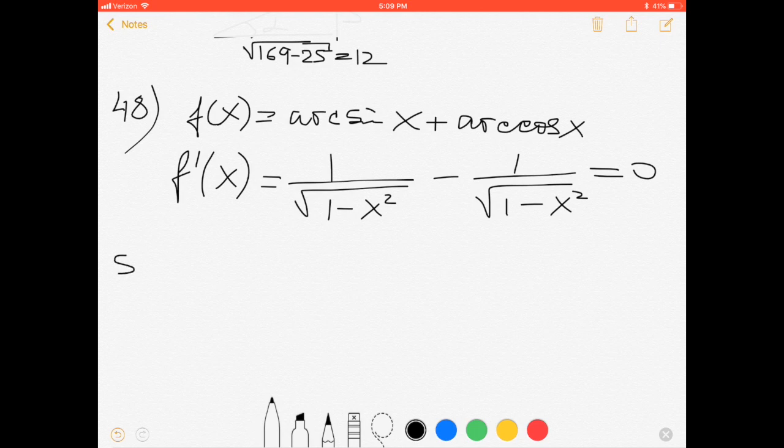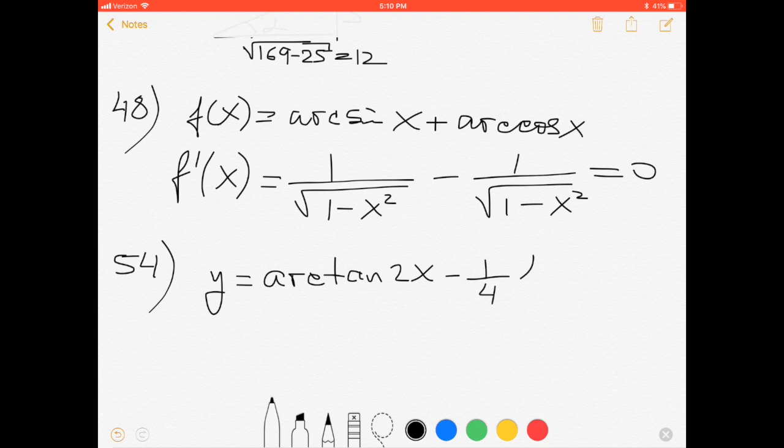Great. Number 54. Here you have the function arctangent 2x minus 1/4 natural log. Here I think we don't need the absolute value because it's always positive, since here I have 1 plus 4x squared.